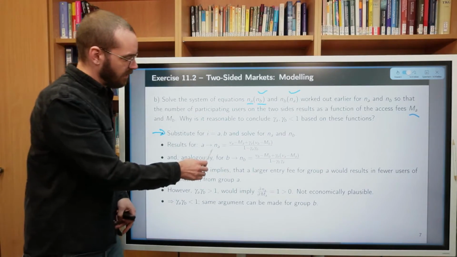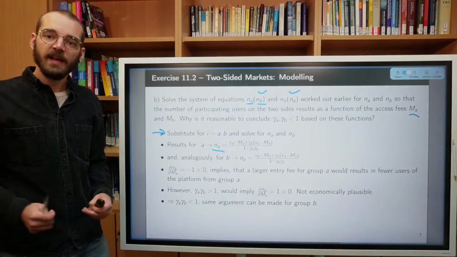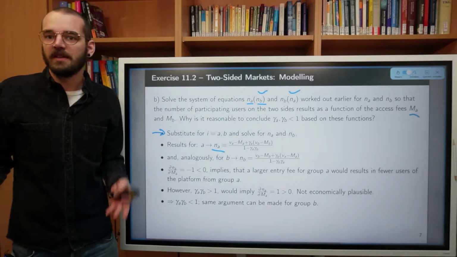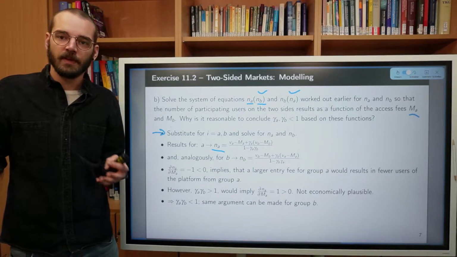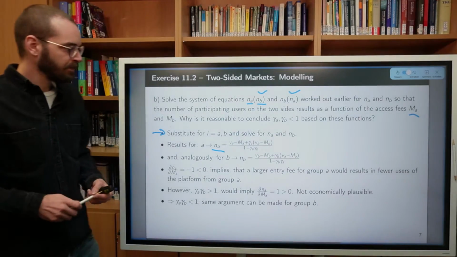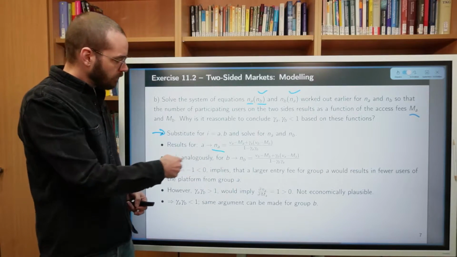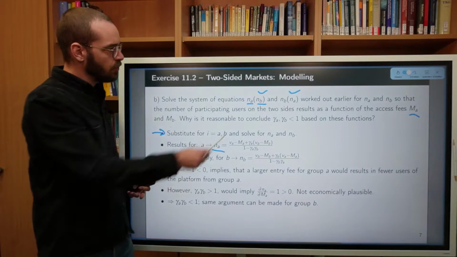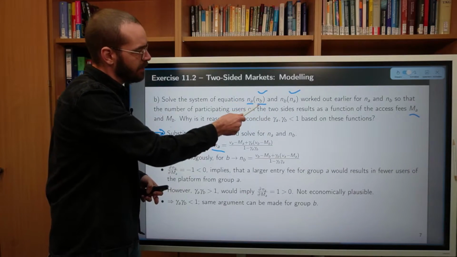So we get the number of participants of group A as a function of all other model parameters that are not a number of participants.